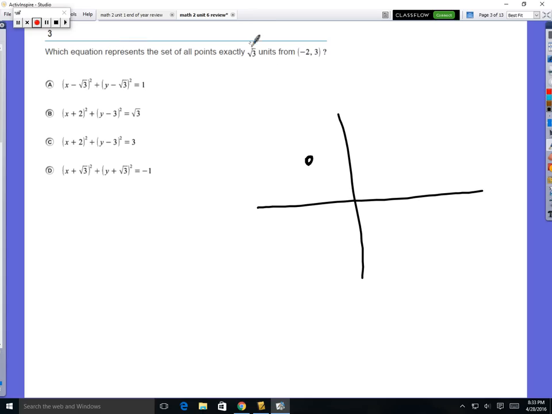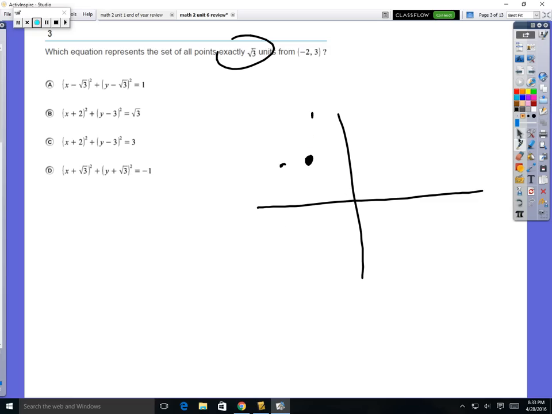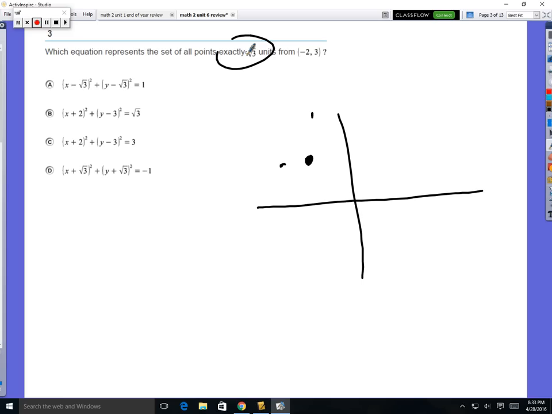If you determine a location, that's going to be our center, and you determine a length, if you want to go exactly square root of 3 units away in this direction, this direction, this direction, if you get 1,000 of these dots, it's going to be a circle. Square root of 3 is not very much. Square root of 3 is like 1.732, so somewhere between 1 and 2.